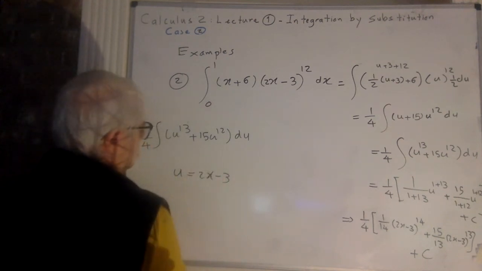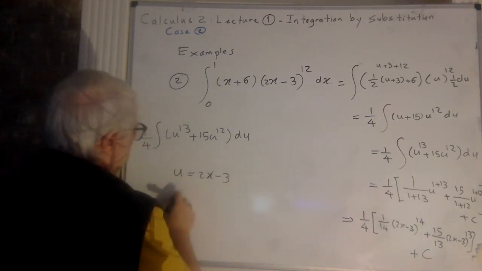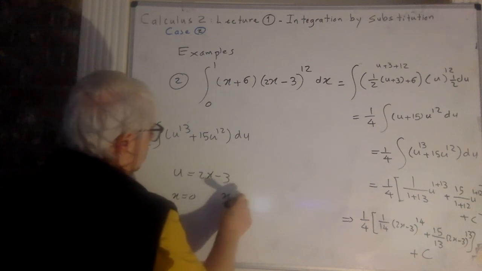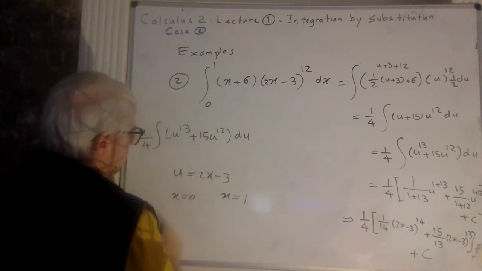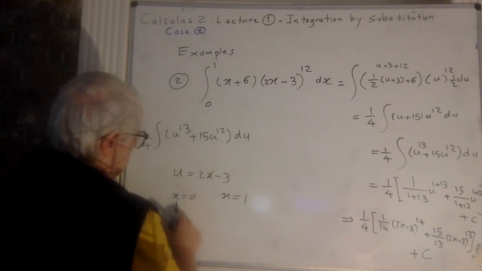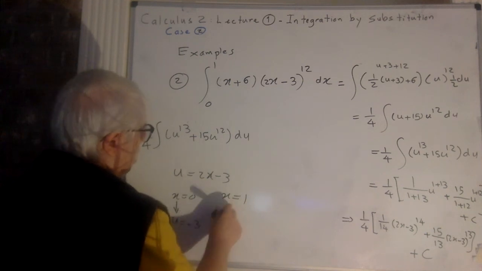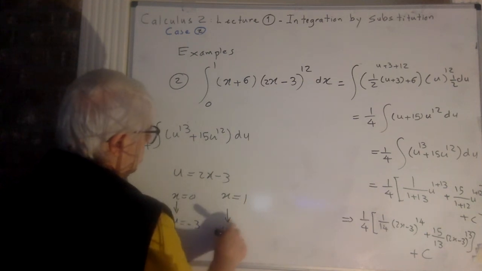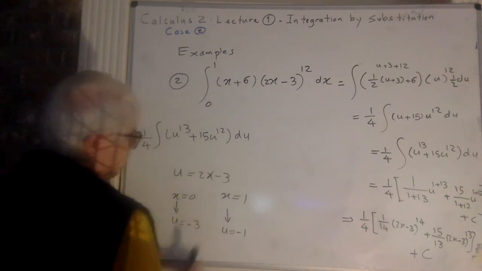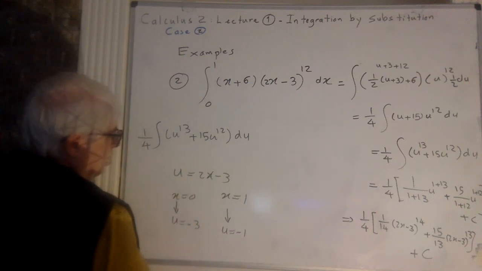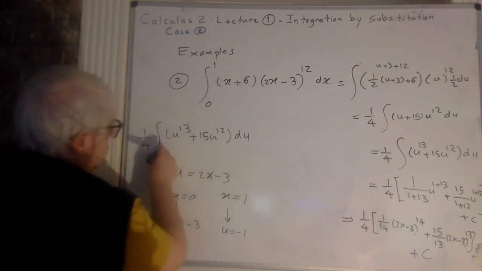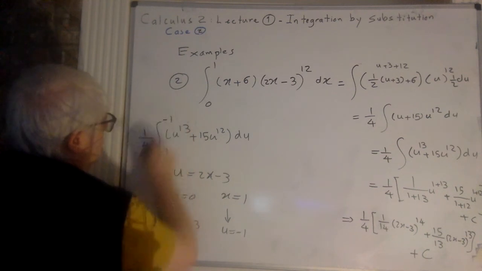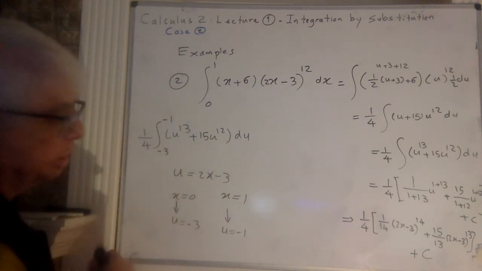Use this. So I say x is 0, x is 1. If x is 0, that gives me u is minus 3. x is 1 gives me u is minus 1. Right? So the limits are minus 3 and minus 1. You don't have to go up to the end.